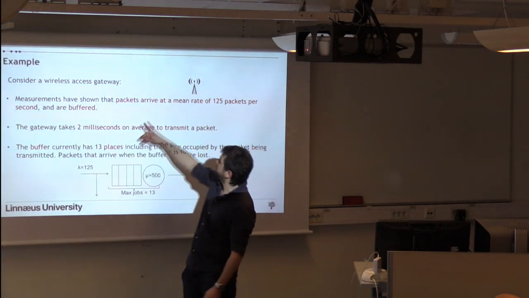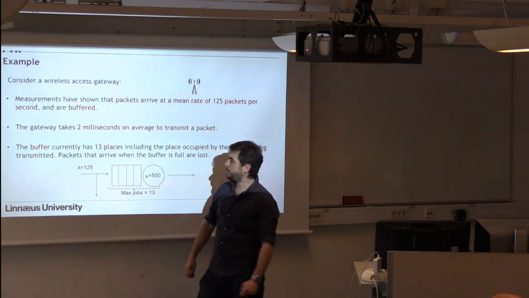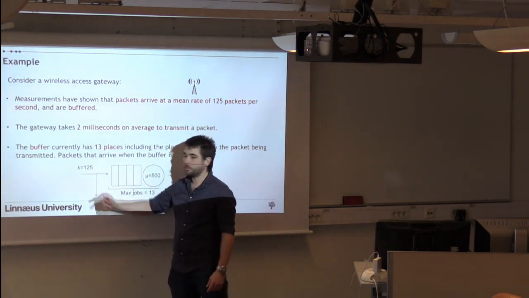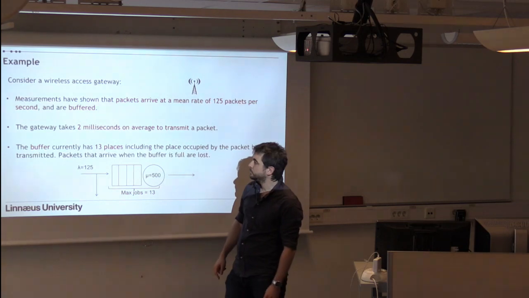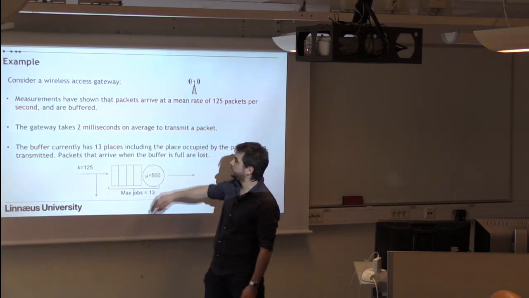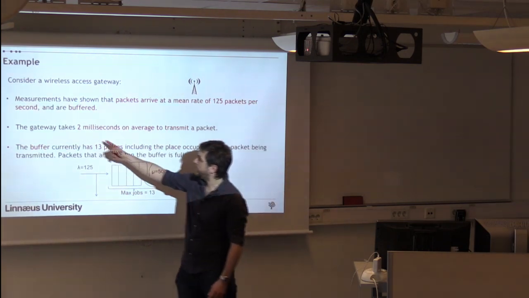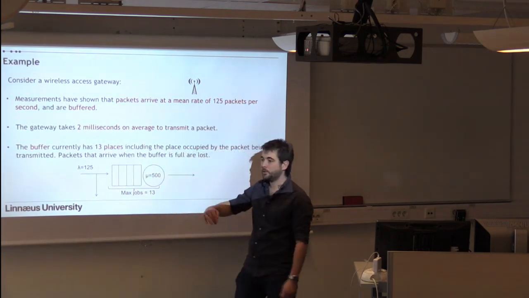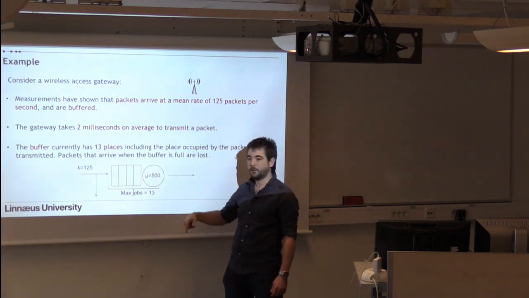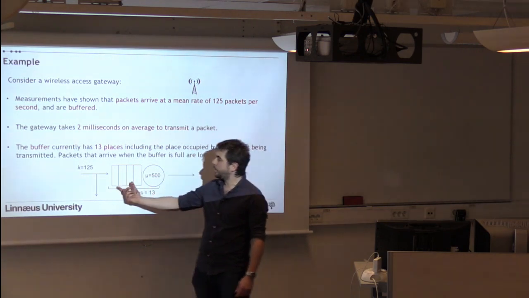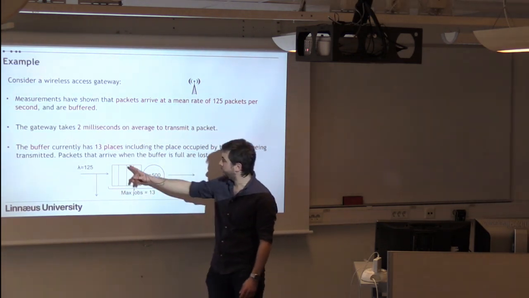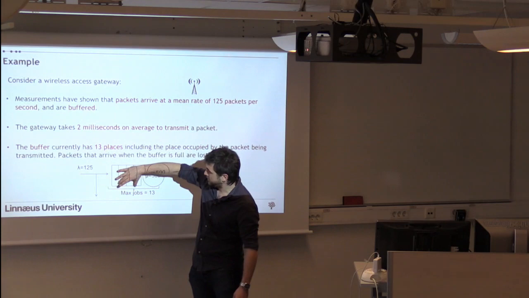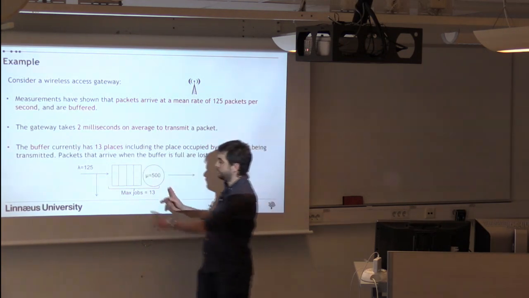So, arrivals: 125 packets per second, so the lambda, the frequency, is 125. The service center, there is one, and takes 2 milliseconds, so it can serve up to 500 per second. The information about the queue is that it is finite, and it has 13.